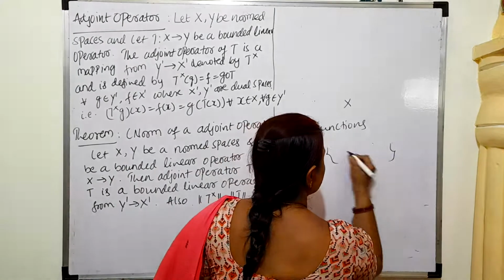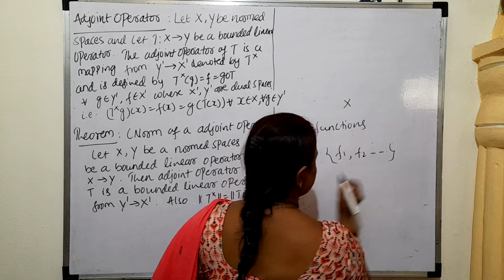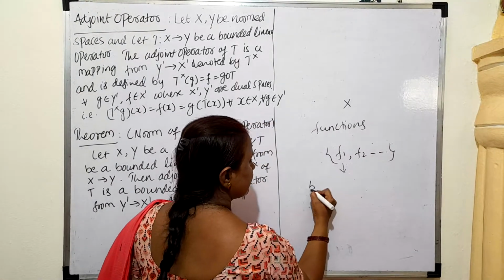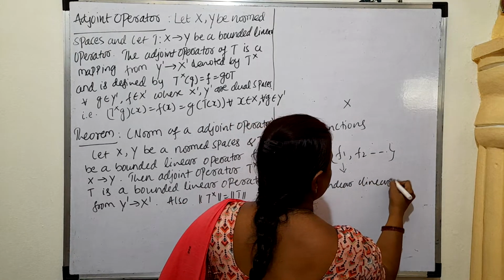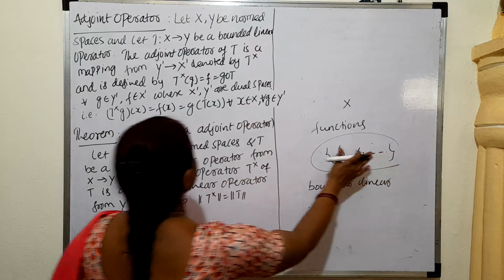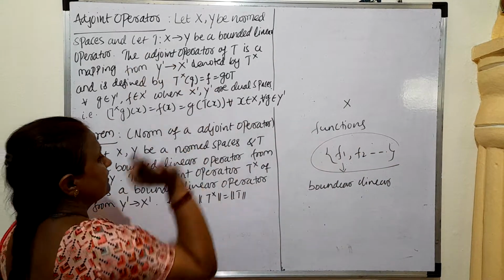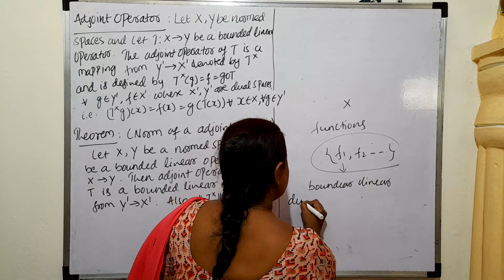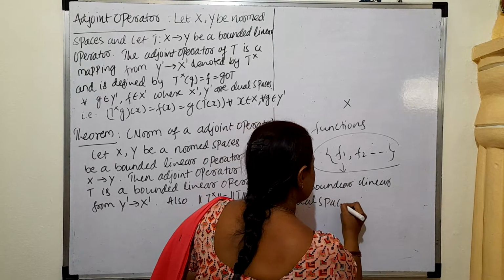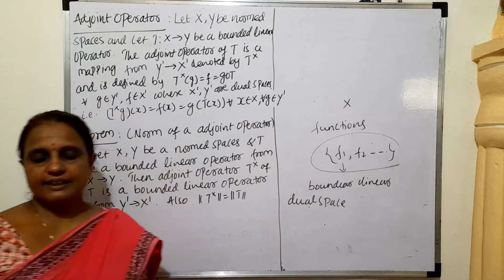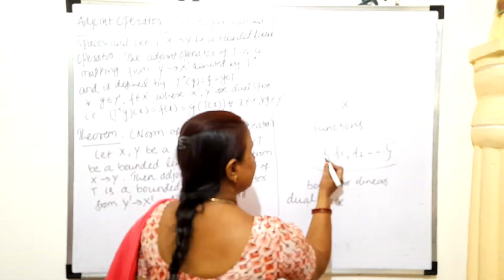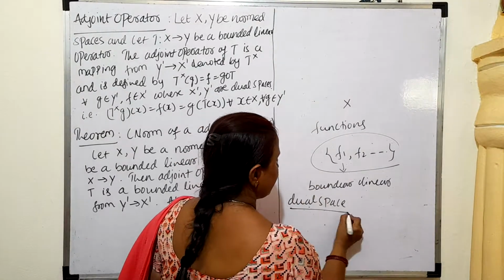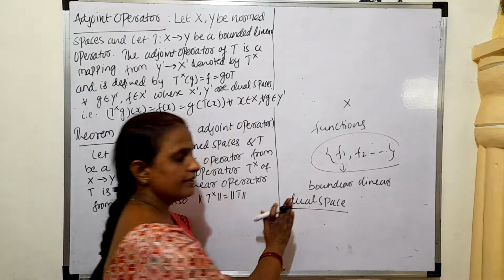If we collect those functionals as one set such that each functional is a bounded linear functional, then such a set is called a dual space. Dual space is nothing but a collection of all bounded linear functionals, which is also a vector space. Meaning it itself is also a vector space, then it is called a dual space.